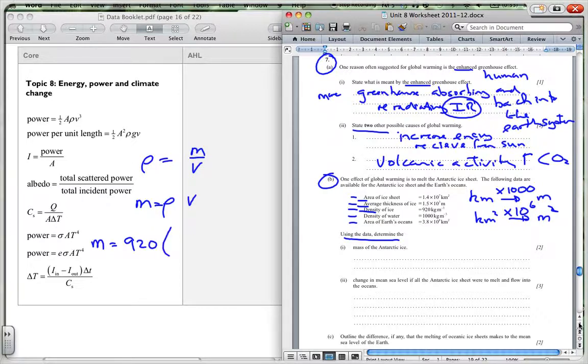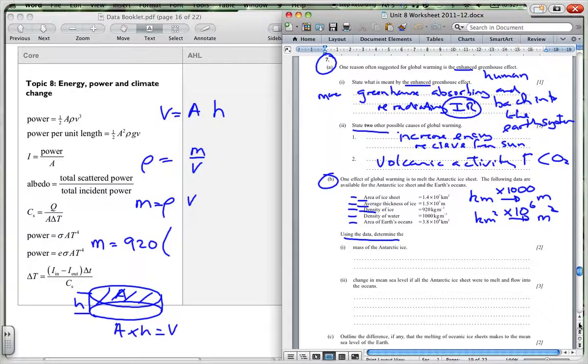Now my volume is obviously going to be my area times my height, whenever we view this as the idea of a prism. So this is perhaps your sheet, and you've got your height like this, and the cross-sectional area times by the height gives you your volume.